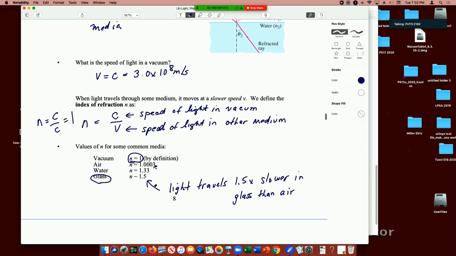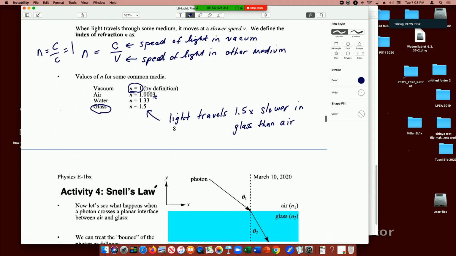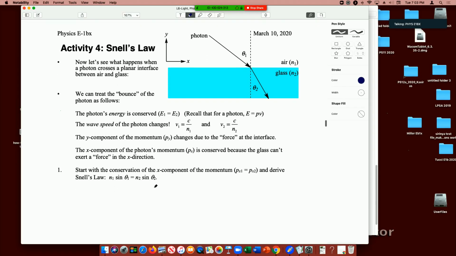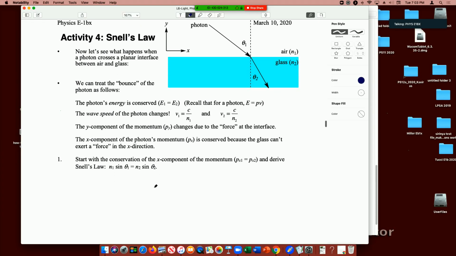Okay, so now what we're going to do is look at something called Snell's law. Snell's law is basically the relationship between the angle of the incoming photon and the refracted angle. Okay, so we've seen this over in the demo.